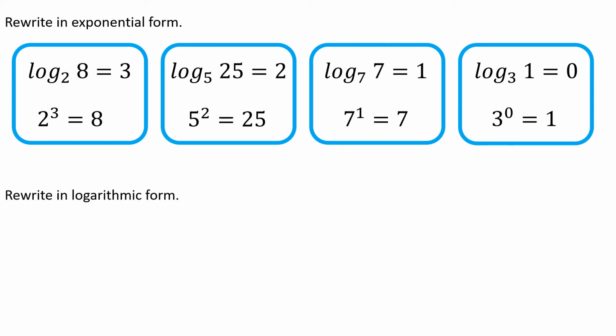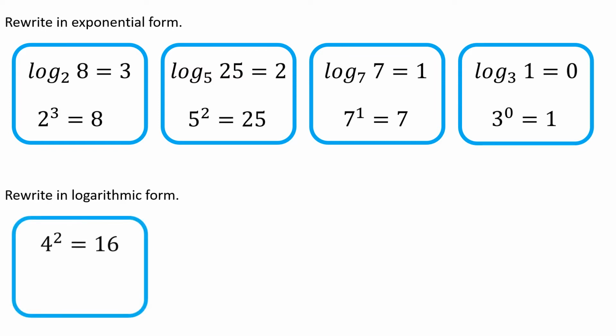Hey, let's go the opposite direction. If I give you the exponential form, I want you to rewrite it in the logarithmic form. 4 squared equals 16. Well, the base is 4, and the exponent is 2. So the 2 will be all by itself off to the right-hand side.